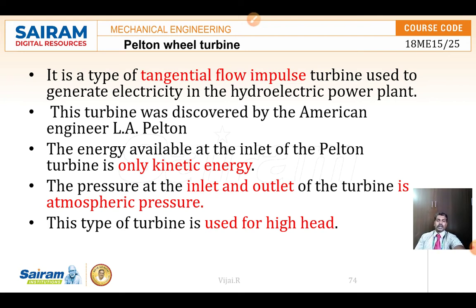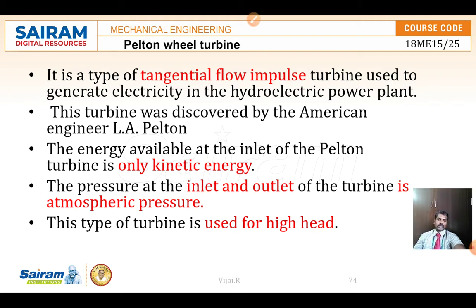Impulse turbine, in the sense that the water directly hits the blades and they are rotated. The energy available at the inlet of the Pelton wheel is kinetic energy, the kinetic energy of the water. The water flows through the penstock from the dam reservoir, a pipe connected to the Pelton wheel.